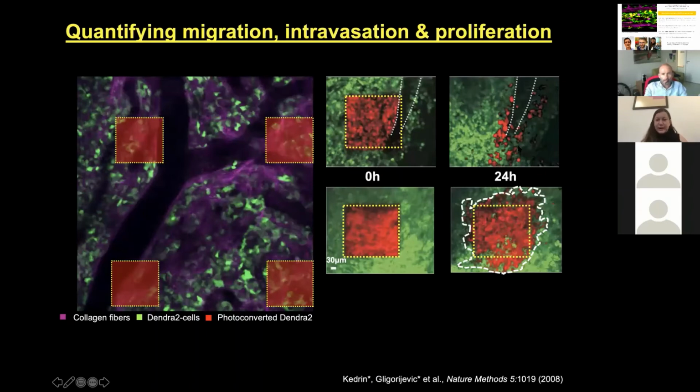So although we couldn't count every single cell due to crowding here, it seemed like some of the cells have gone, and they were not gone just from our field of view, but they literally disappeared. So it was either apoptosis or intravasation, and as you'll see, it was actually intravasation that made them disappear from the field.